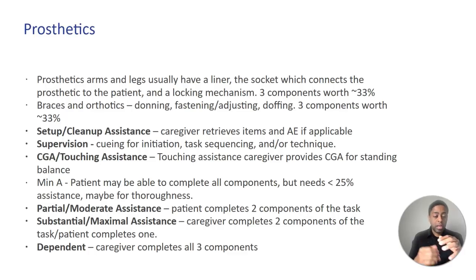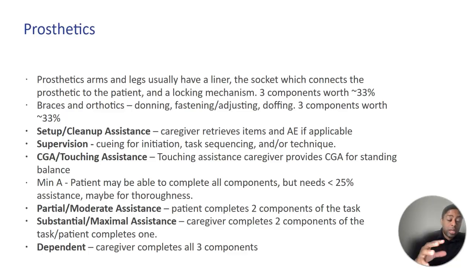So that metal piece is surgically connected to the person's bone, and all they have to do now is insert the prosthetic right on that. So they don't have to worry about putting the liner on and making sure the liner fits and stays, and all of that. So that's becoming more common.